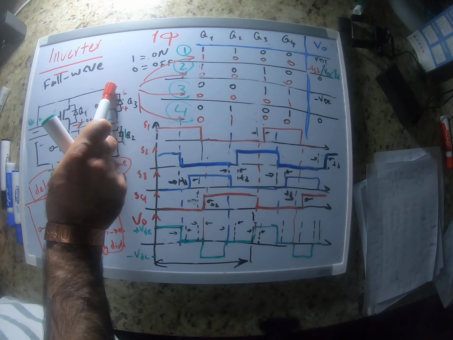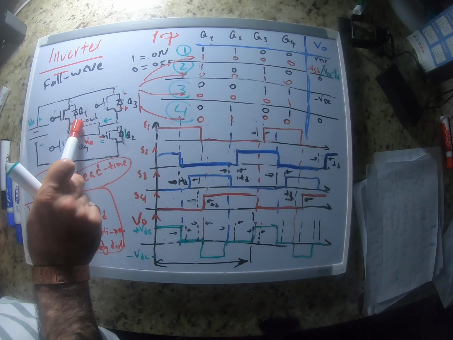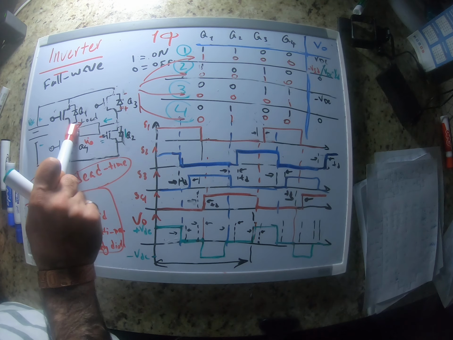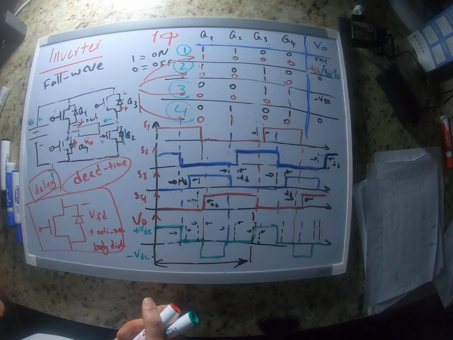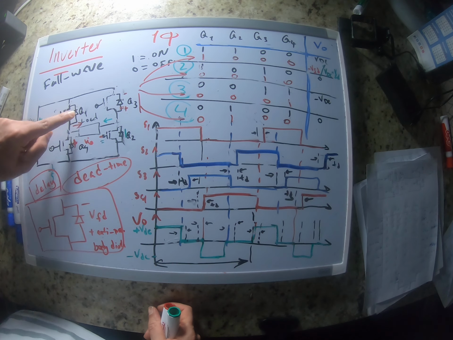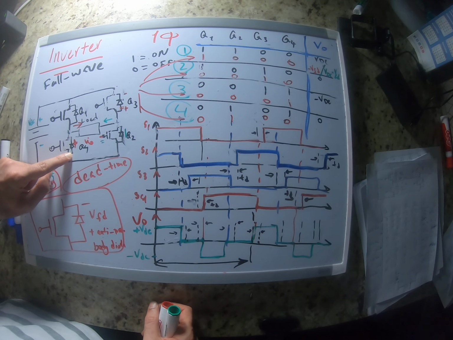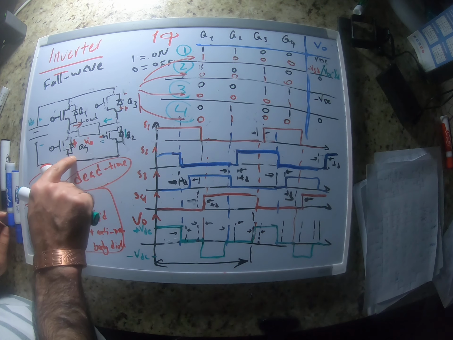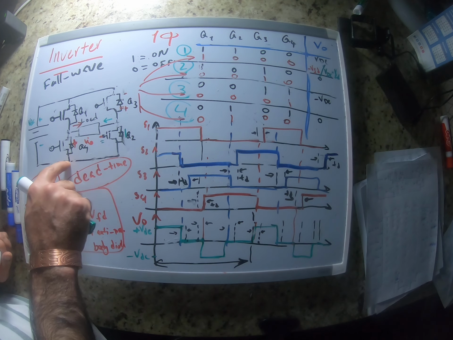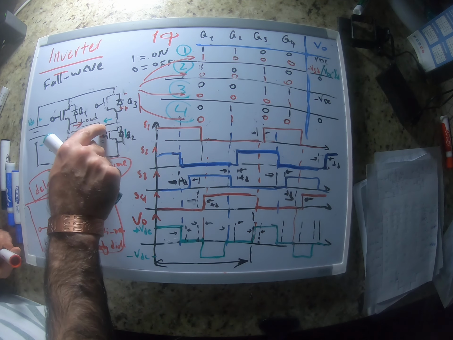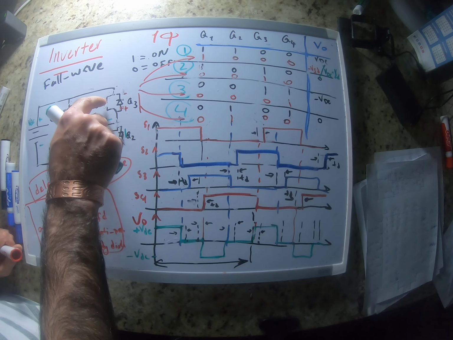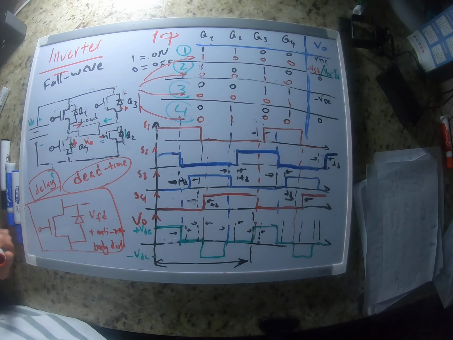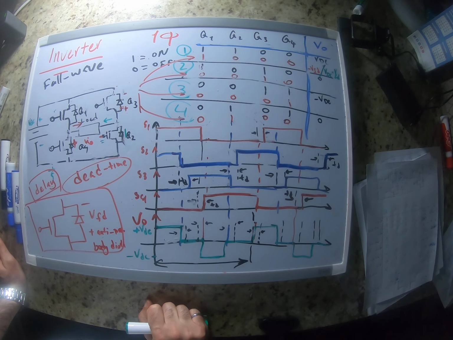It's going to go through the switch, and then it has to find a path through diodes. Which diode is it going to choose? It can't choose this diode. It has to choose this diode. So the current goes into diode 4, through the load, through MOSFET 3, switch 3, and then back to the source.